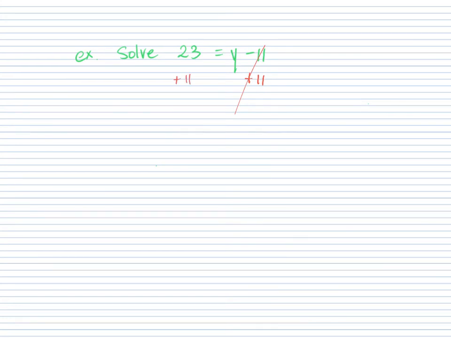And then what we will get is that y is equal to 23 plus 11. And then we can finish it off and say y is equal to 34. And that's how you solve an equation using the inverse operations, adding or subtracting. Stay tuned for multiplication and division.